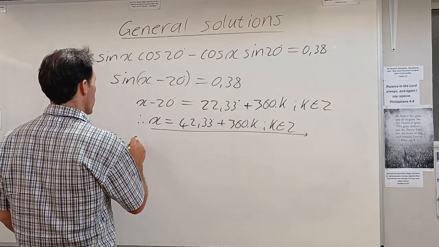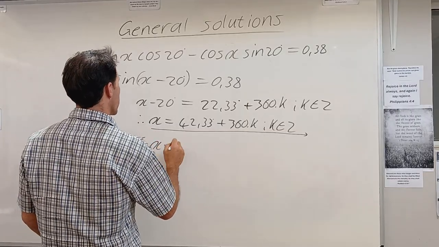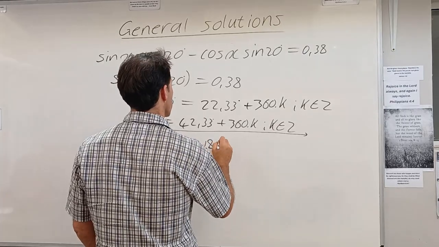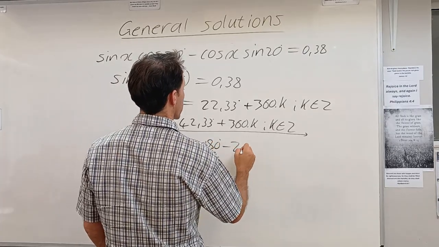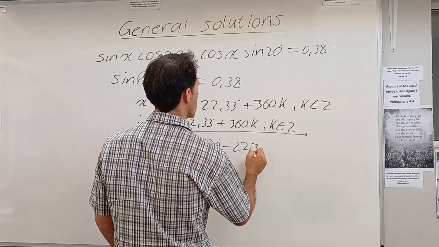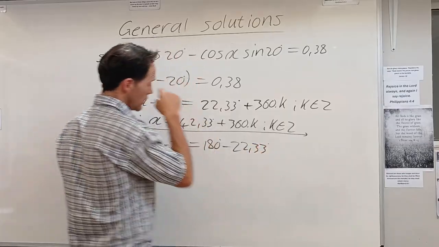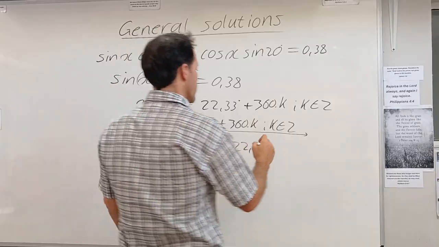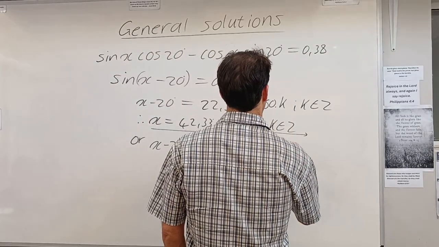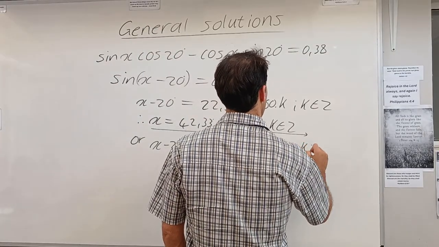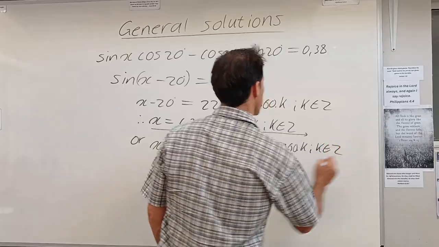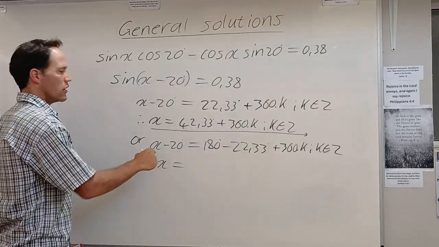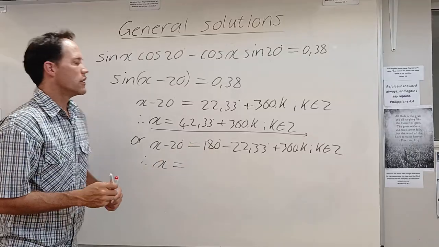So then we say or x minus 20 must be equal to 180 minus theta. So 180 minus 22.33. Okay, theta, 180 minus theta. And then again, we just put in the plus 360 times k, k element of Z. And then we take the 20 over.